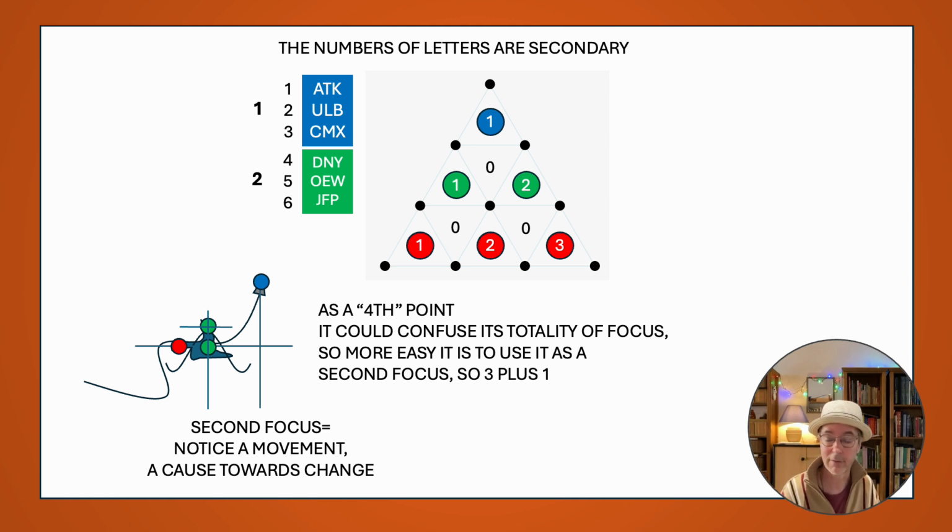That's much easier, of course, than just saying, oh, I have a 4th dimension. So I have 2 focuses. In time, you need 2 focuses. You notice a movement, and of course there's a cause to it, a change. If you really want, that's on the next level, to see what causes a thing in the 3 dimensions to move towards another point.